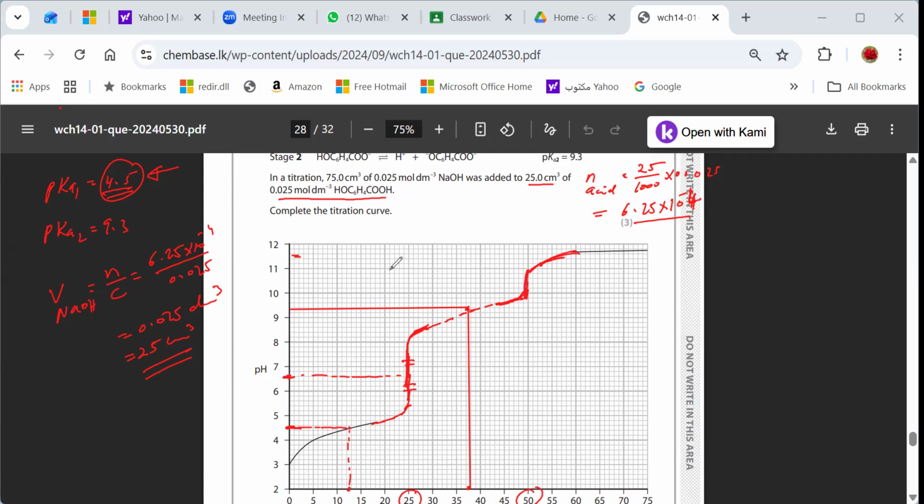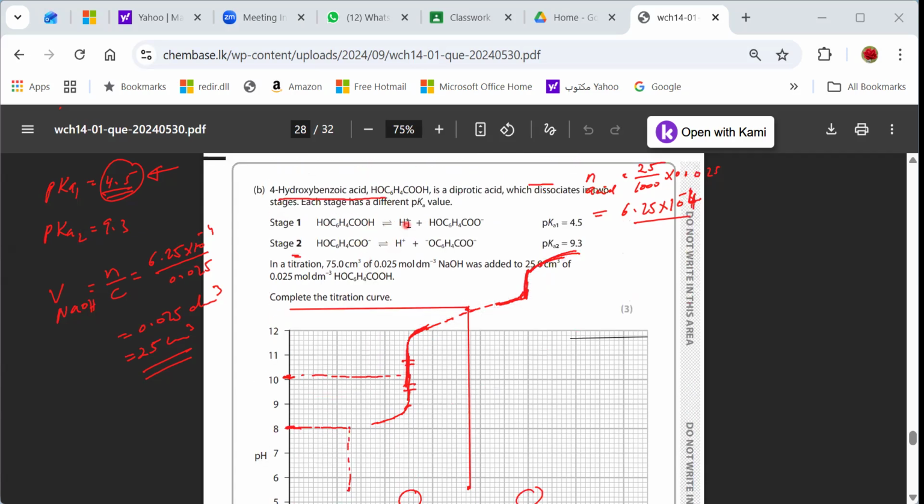Okay, the second step's volume should be double the first, because in every step only one proton is removed. I mean that only one hydrogen proton is produced here and only one proton is produced here, and they will not bring you anything else. So this means that the volume of the first equivalence point will be half the volume of the second.